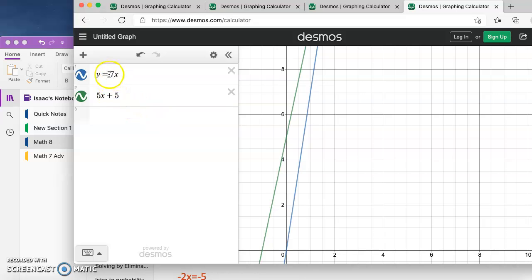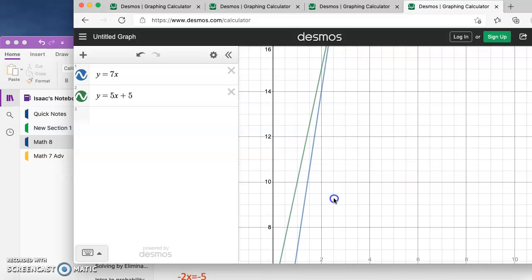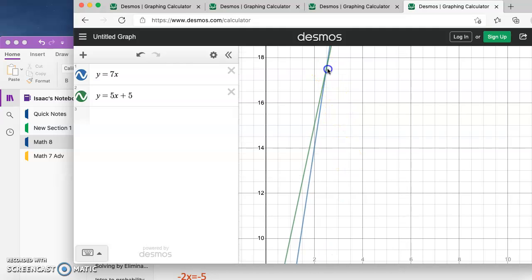But let's see, y equals 7x and y equals 5x plus 5. Those are definitely different slopes. If I look at how much my line goes up compared to this green one, I can tell it's definitely different than the blue. It's just a matter of going, they intersect way up here at x equals 2.5 and y equals 17.5.